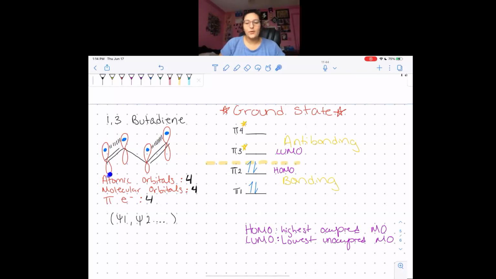These are the p orbitals. Obviously, there's a bunch more orbitals that I didn't draw out because that would just be too complicated. All we need for molecular orbital theory is our p orbitals and pi electrons. So for MO theory, all we need is p orbitals and pi electrons. So that's all I have drawn.